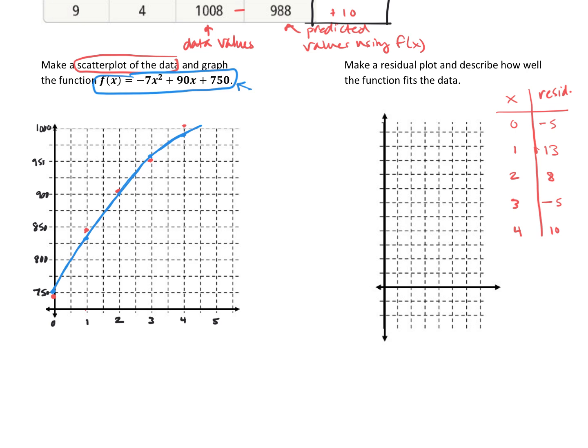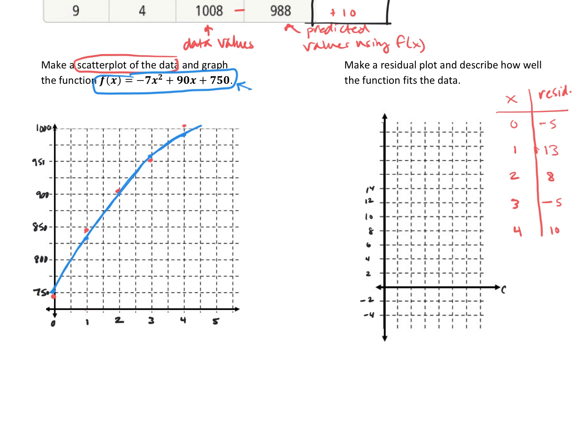Oh, we're going to have to label our axes. So I just counted the y-axis by 2's. So 2, 4, 6, 8, 10. Let's see, we have to go all the way up to 14. 12, 14. And then the negatives, -2, -4. And then the x's, I just counted by 1's.